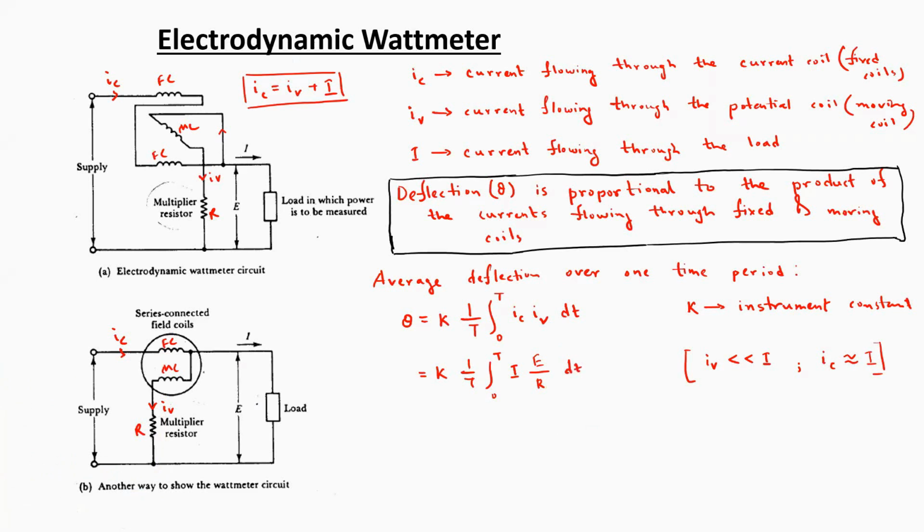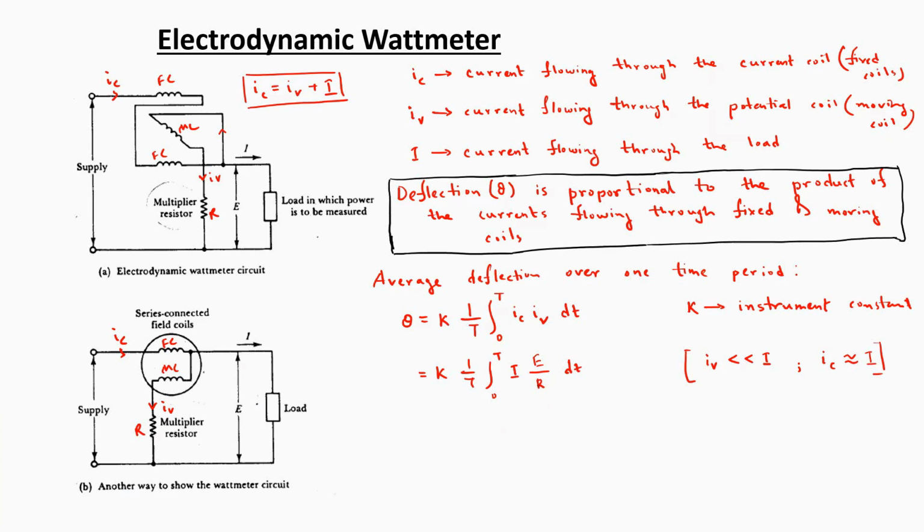Once we do so, let's say that R is representing the resistance of the moving coil and also the multiplier resistor.